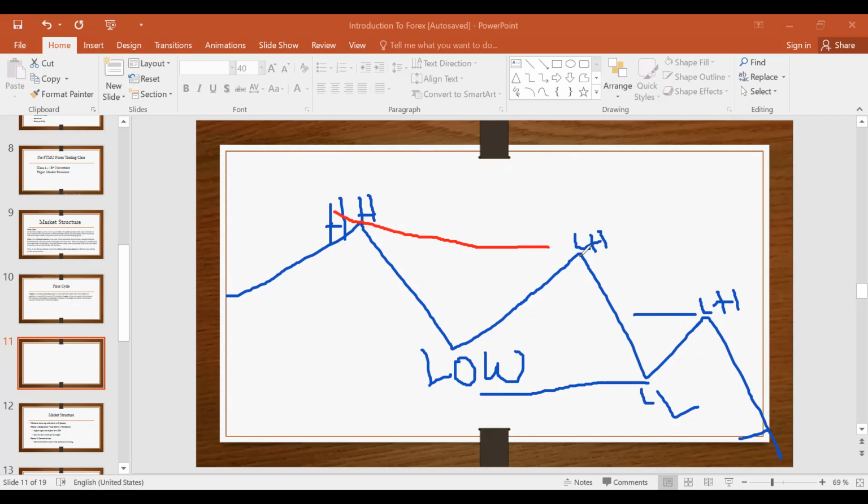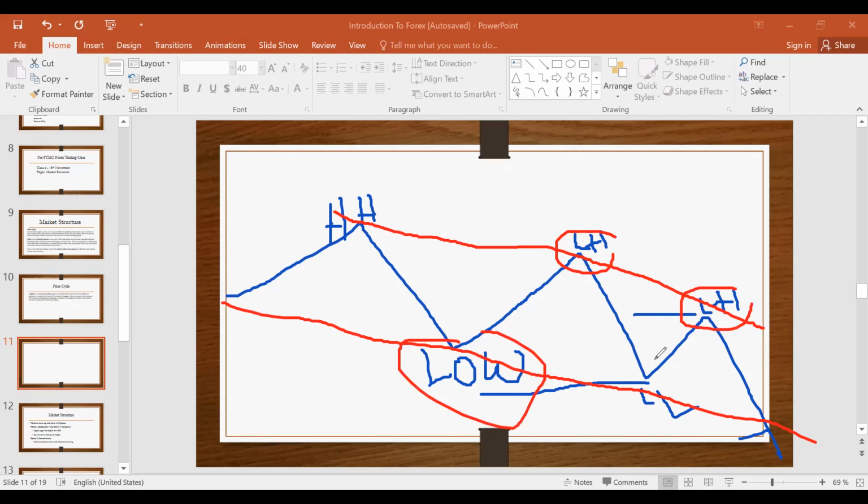So the definition of a downtrend is when the market forms a pattern, moving from a high to a lower high, and a low to a lower low. Then we say the market is on a downtrend. If it was the opposite, going up, we would say the market is on an uptrend.